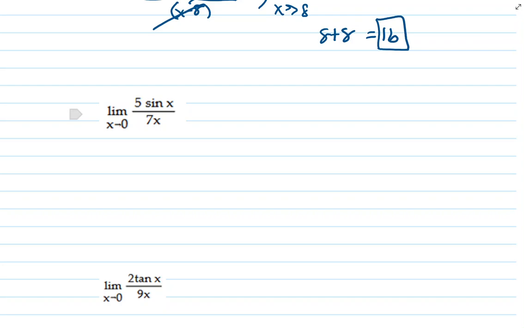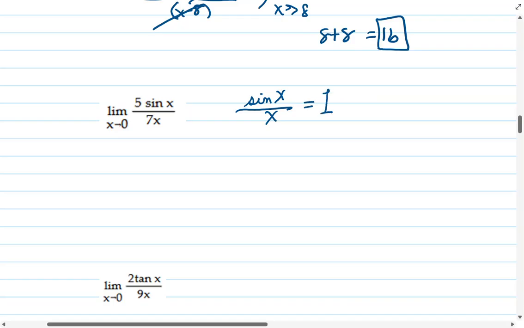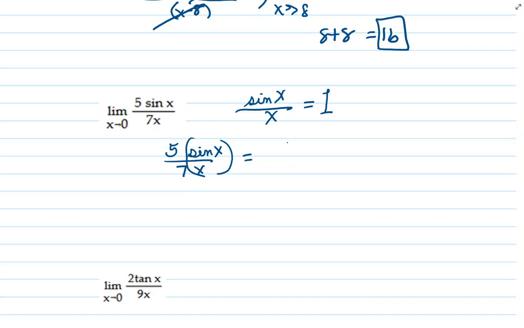And we know the rule that sine x over x is equal to 1. So I have 5 sine x over 7x. Well, this is 1, so we get a limit of 5/7. And I'm pretty sure that all we could do was use the limit rule for the derivative on this one, but I just find it easier to take the shortcut.